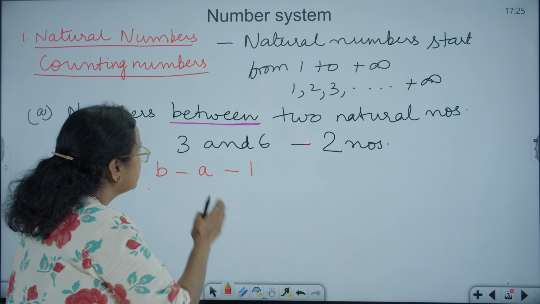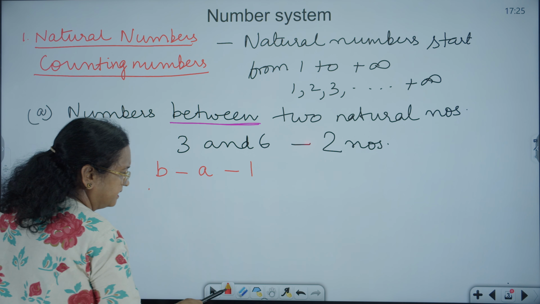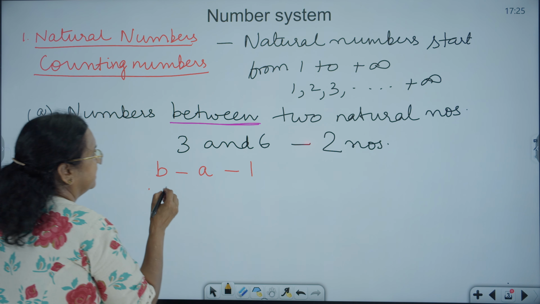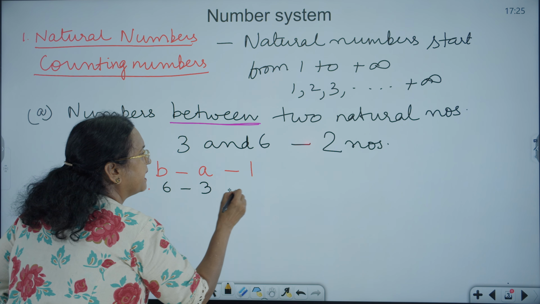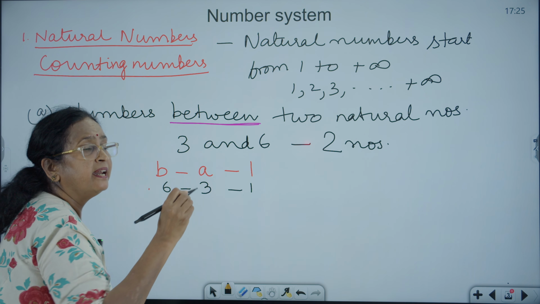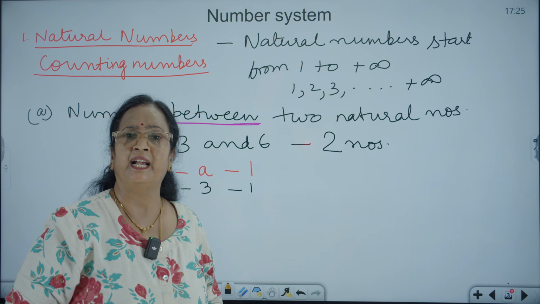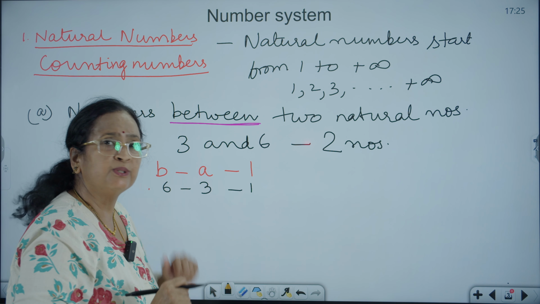Now, suppose I use the formula with this. What do I get? B is 6, minus A is 3, minus 1. Here I want to tell you one very important thing. We have learnt in class 6 and 7 about BODMAS. Let us use that.